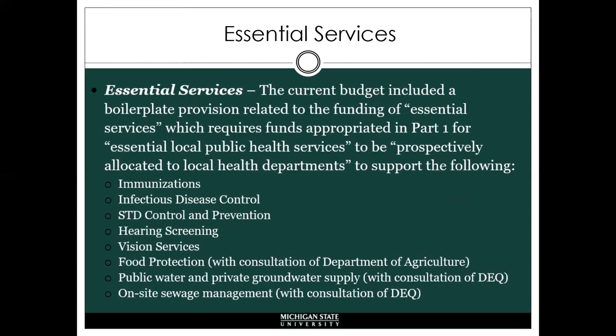Now, in the local health department, there are essential services that have to be provided. And those are supposed to be funded, at least in part, by the state. From what I've been told, the state has never fully funded what they're supposed to, but we still get by. So essential services include immunizations, infectious disease control, STD control and prevention, hearing screening, vision services, food protection, so that would be restaurants, things like that for foodborne illness protection, public and private water, and sewage management.